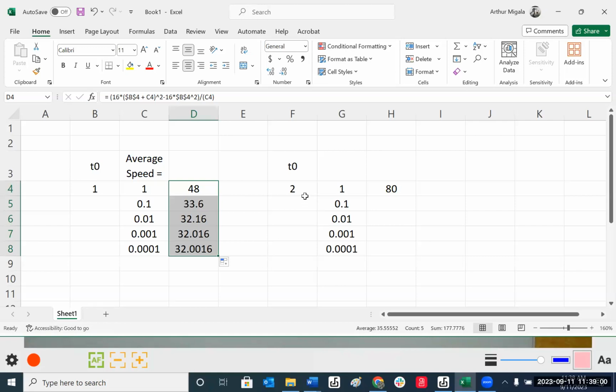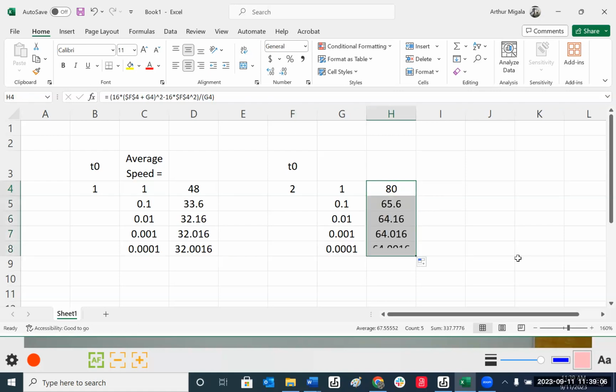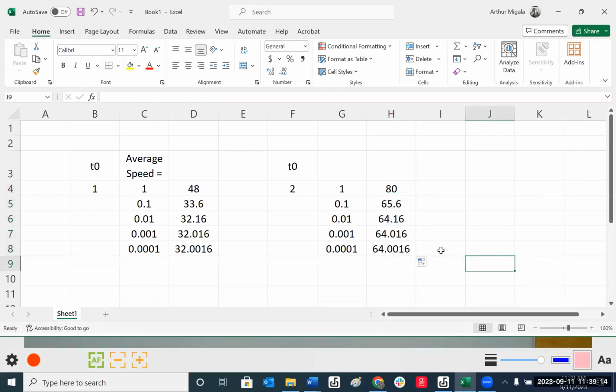But if we look at it from 2 seconds, it starts off at 80, and now it's approaching 64. This is when t equals 2, h equals 1, our value. This will start off at 48, our first value. When it's 1 second apart, it started off at 80.